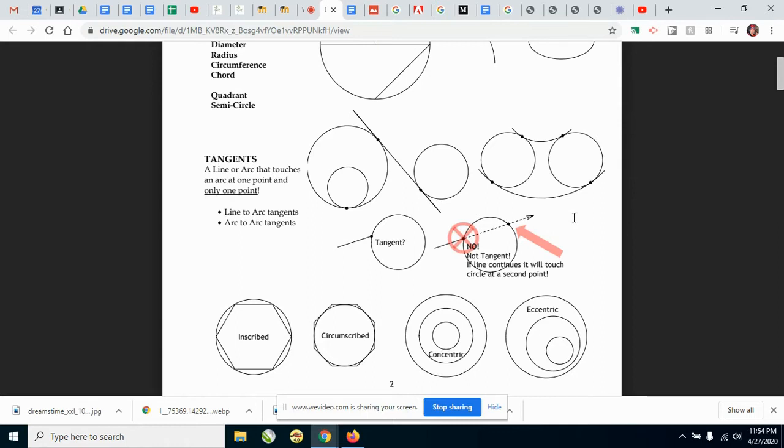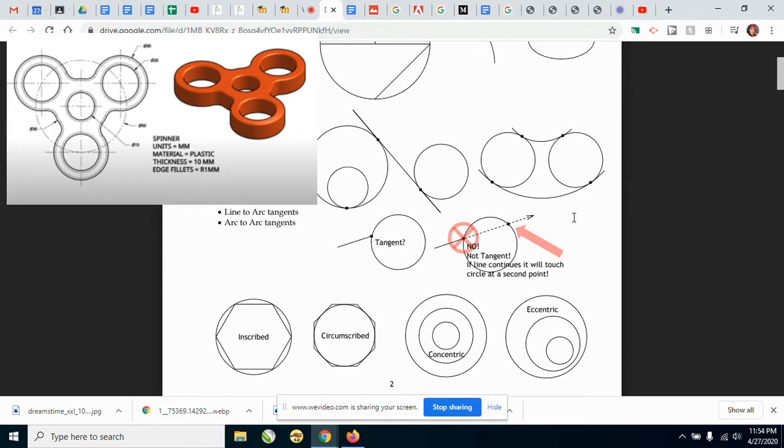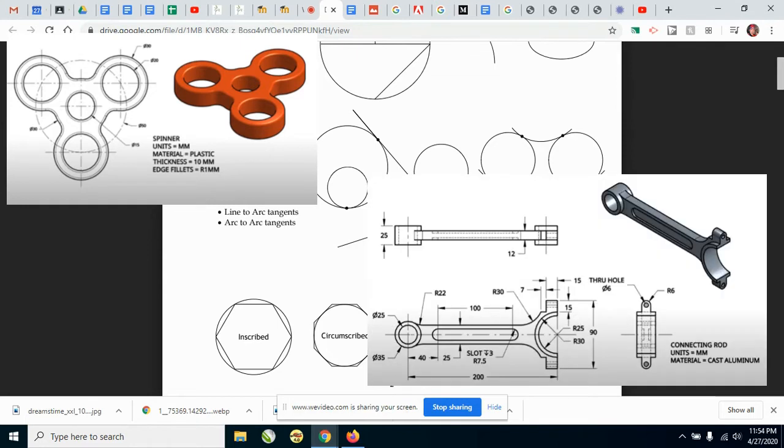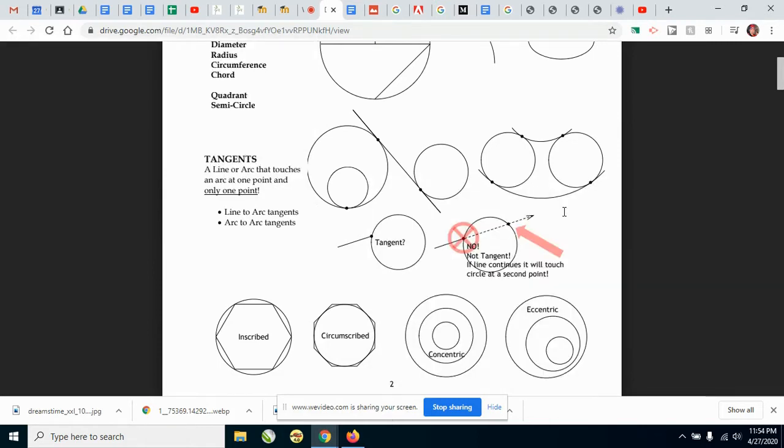Now, I have to say, tangents are so hugely important, and you probably have recognized them in the CAD exercises like the spinner or the connecting rod, where you can see that there are tangents in the fillets and the rounds that you use in CAD. But tangents are used in all kinds of products everywhere.